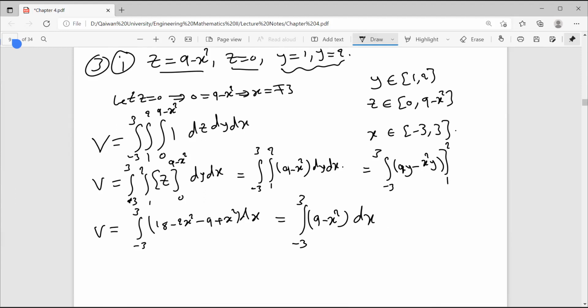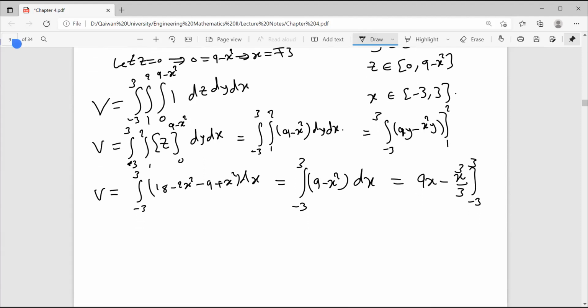Now we take another integration with respect to x. To take integration with respect to x, what do we get? It's 9x minus x cubed over 3 from minus 3 to 3. First, we replace x by 3, then we replace x by minus 3. If we replace x by 3, V equals 27 minus 9, because 3 cubed is 27, dividing by 3 is 9.